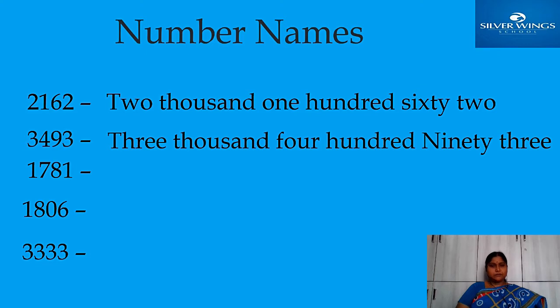See here: THREE 3, THOUSAND 1000, FOUR 4, HUNDRED 100, NINETY 90, THREE 3. 3493. Okay. Now next number, 1781.